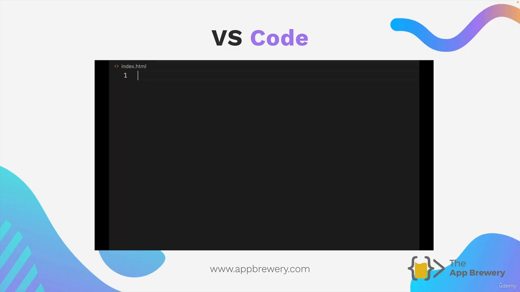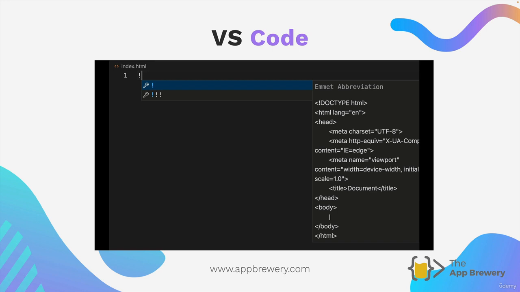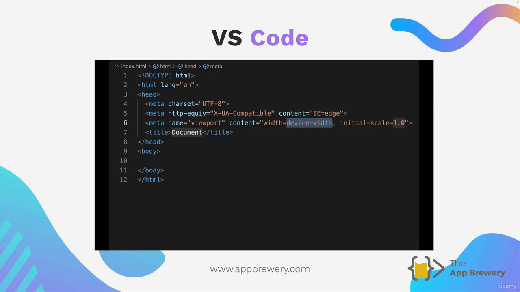Now, finally, because we're using VS Code, I want to tell you about a shortcut that means you don't have to type out this boilerplate every single time. Once you've typed it out once or twice and you know exactly how this boilerplate looks, you can save a lot of time by simply typing ! Hitting enter on the first selection, and then it will automatically insert all of that code for you, saving you a lot of time, especially when you're creating many HTML documents.